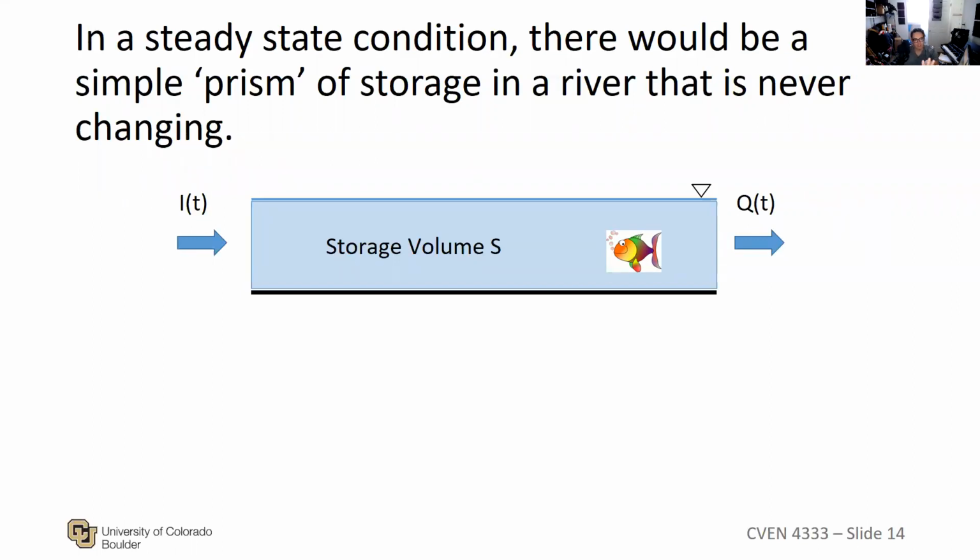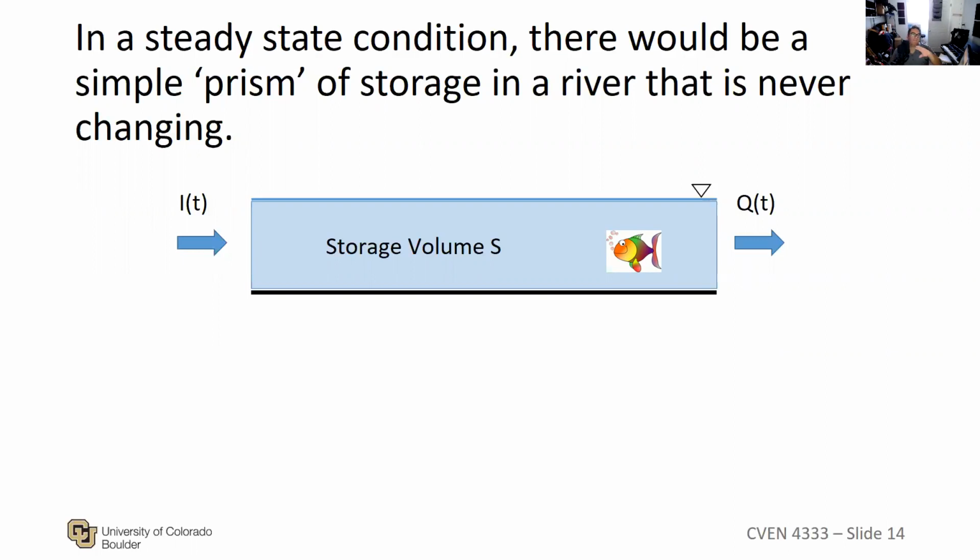All right, so the way to get started with this is, let's start simple. If you have a steady state condition where the inflow rate is equal to the outflow rate, which is why it is steady state, then the change in storage with respect to time is going to be 0, okay?